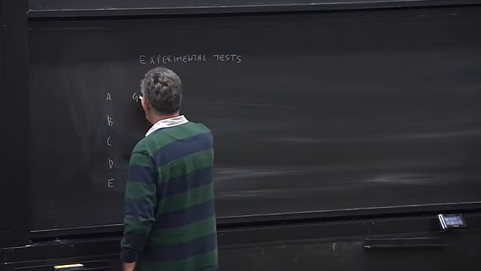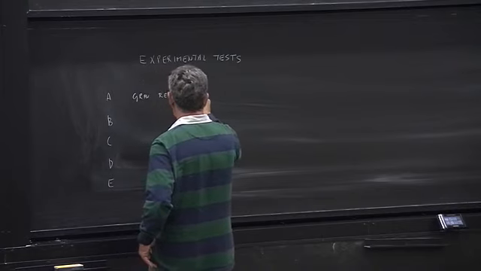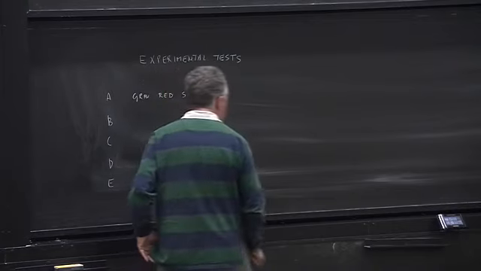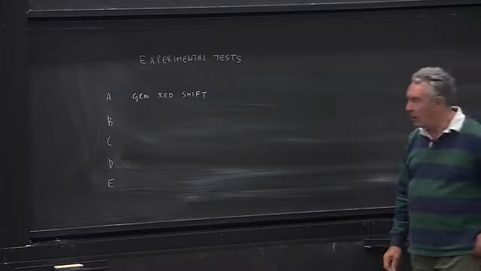A is gravitational redshift. B and C are bending of light by the sun and the perihelion of Mercury.